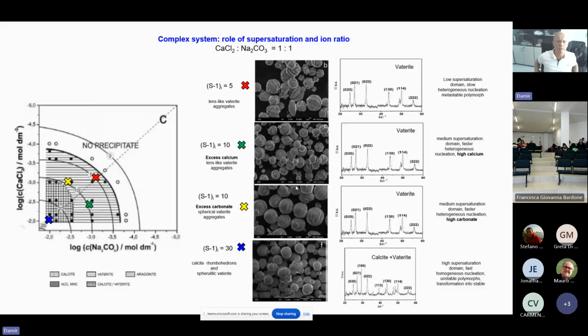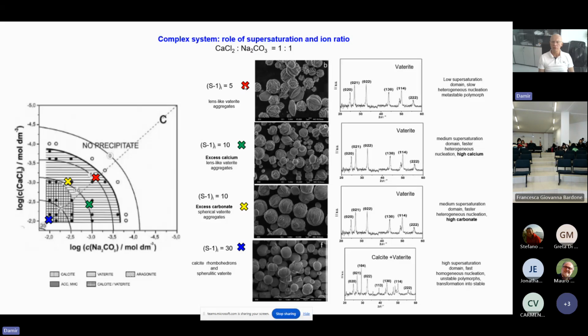So in this system, we tried to analyze what is the role of supersaturation and ion ratio as well. We know that at lower supersaturation, this red dot, we have a low supersaturation region.